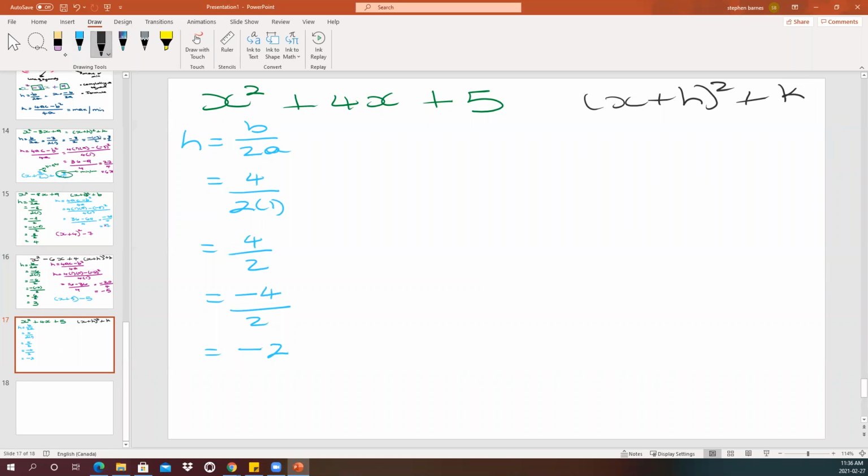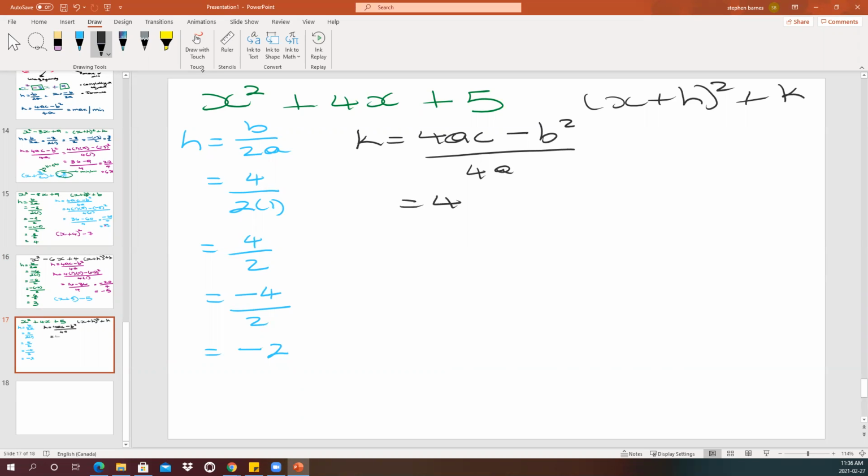All right, let's do k. k is equal to 4ac minus b squared all over 4a.